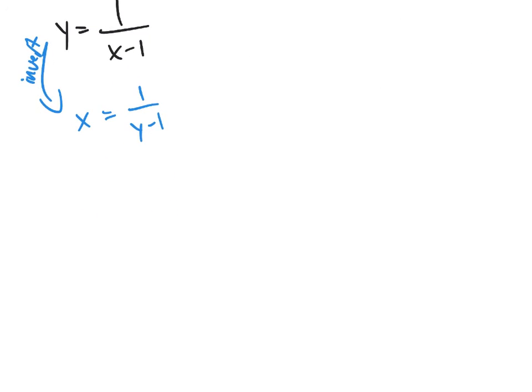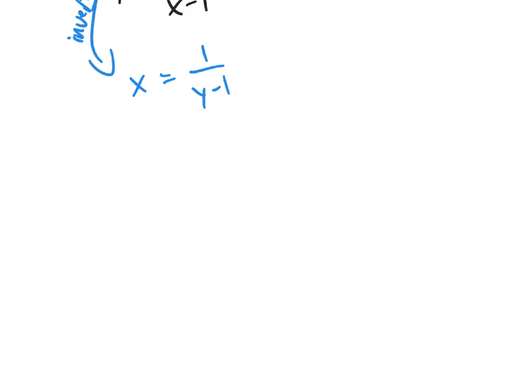Here we go. To get y by itself, we're going to multiply both sides by y minus 1. And we're going to end up with, I'm not going to distribute this yet, -1 times x. And there's a really good reason for why I'm not distributing it yet. And then we have 1 on this side.